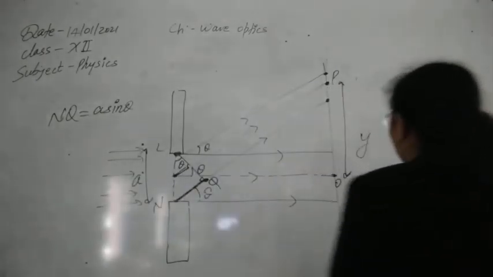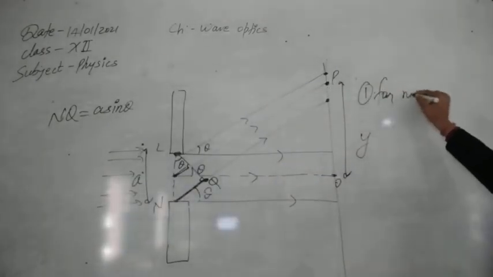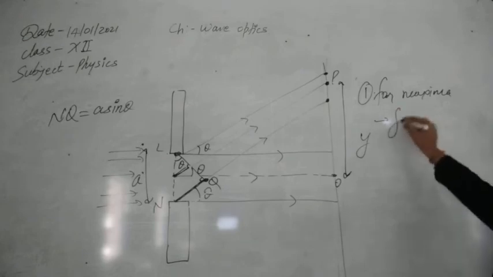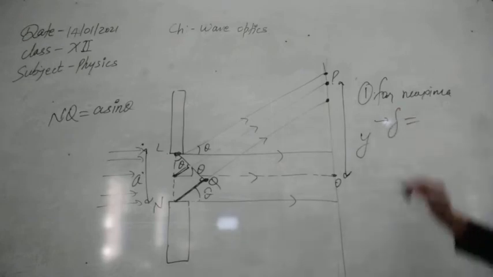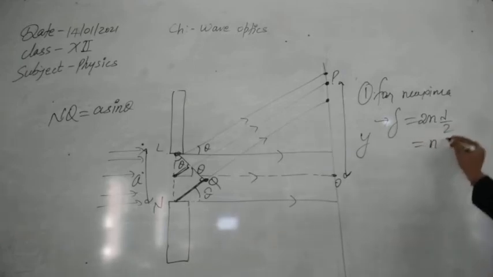So first we will take the condition for maxima. As we have seen in the interference case, the condition for maximum was that the path difference was an even multiple of lambda by 2, that is, it is equal to n lambda.